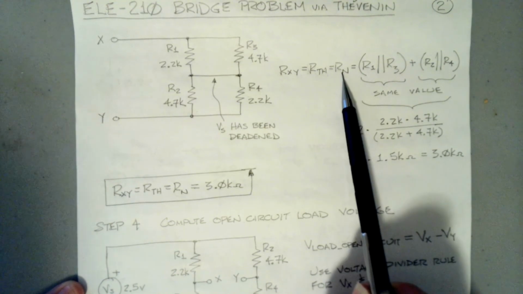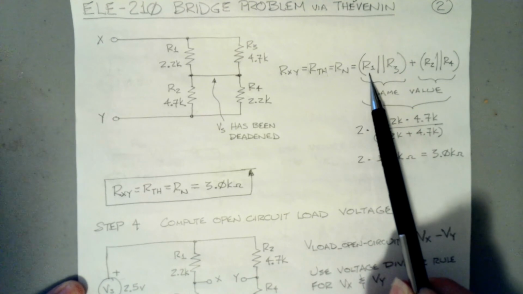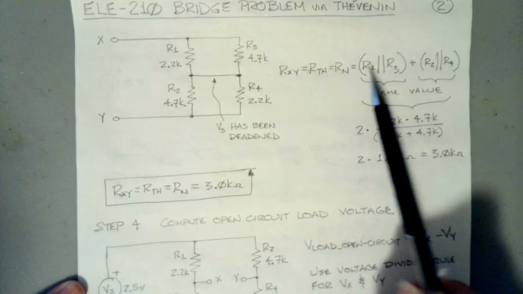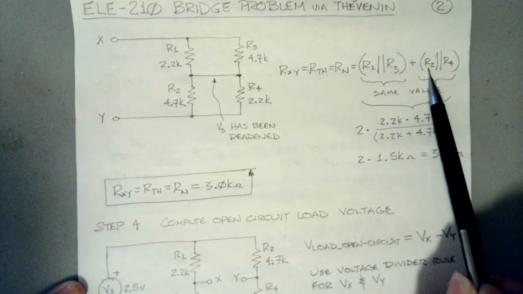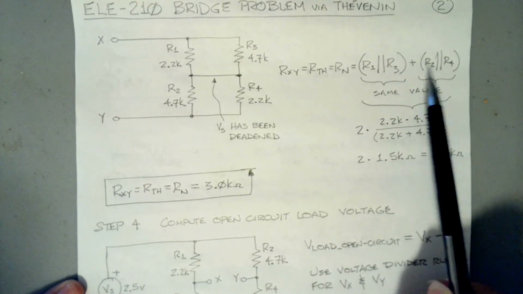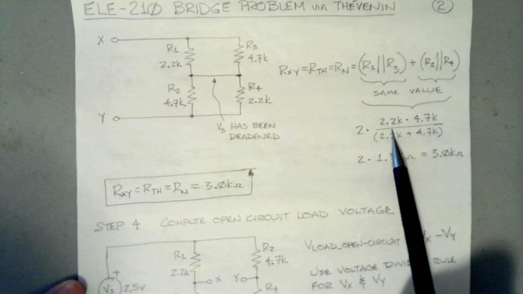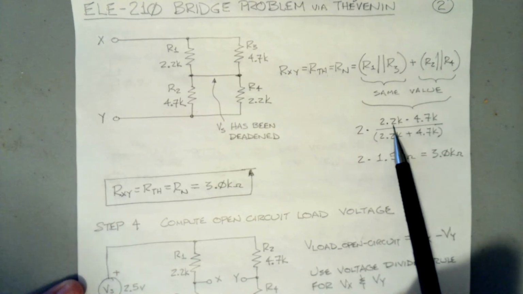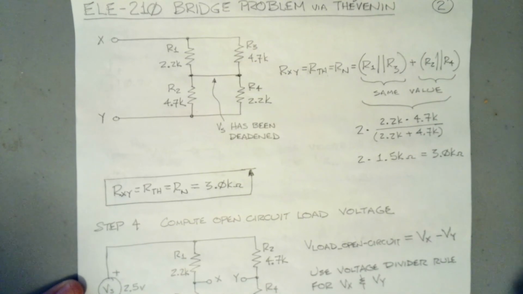We learned before that that's also the same as our Norton resistance, and it's going to be R1 in parallel with R3. That combination is going to be in series with R2 in parallel with R4. Well, basically, these two parallel combinations are going to be the same because they both consist of a 2.2K resistor in parallel with a 4.7K resistor.